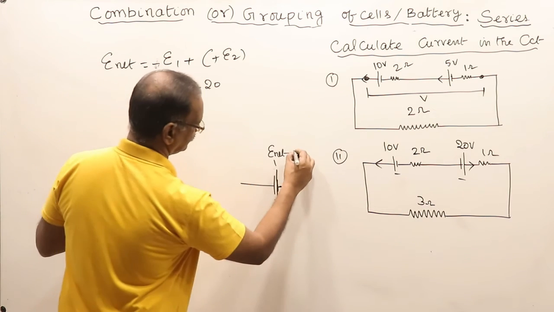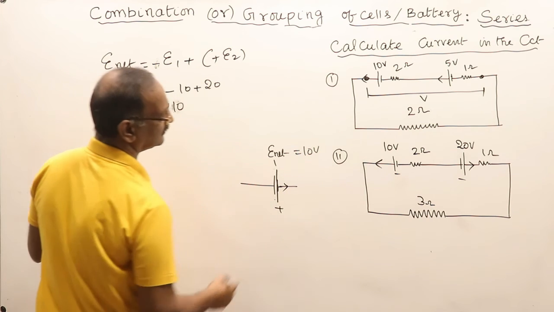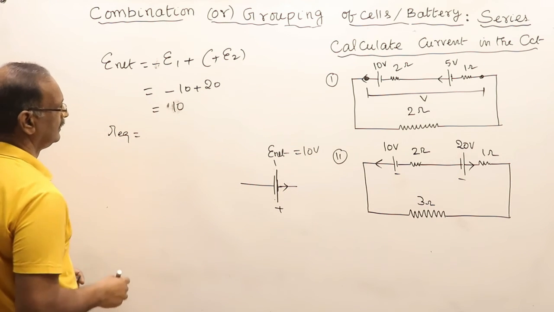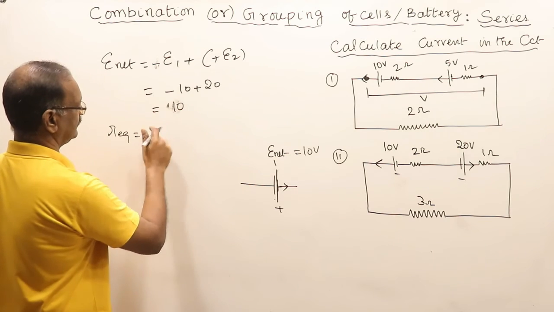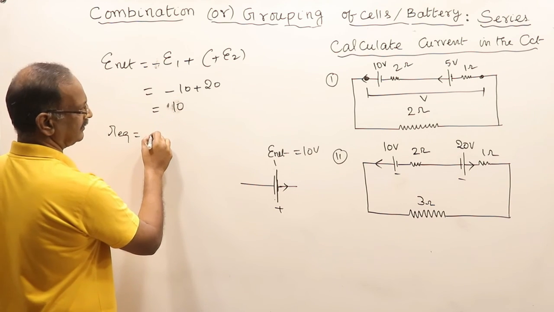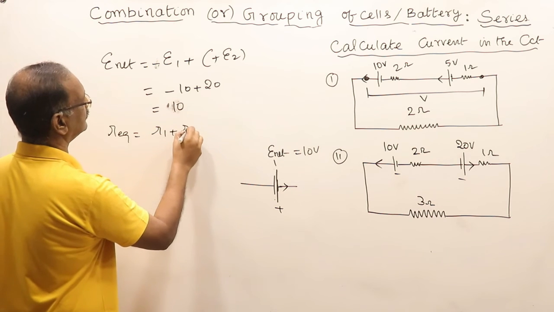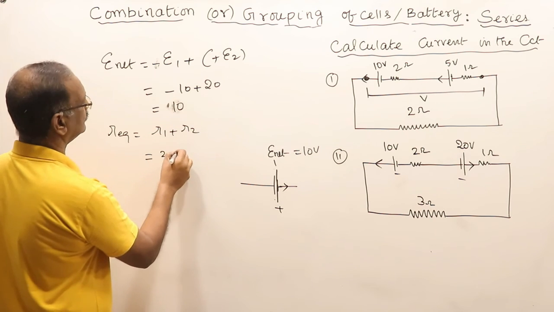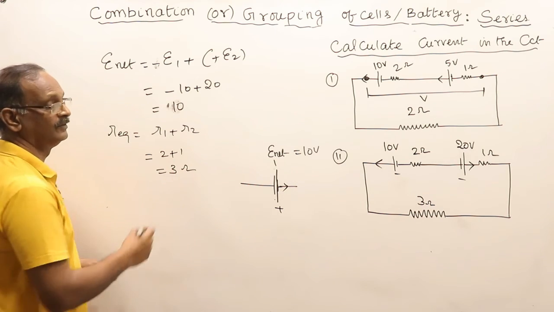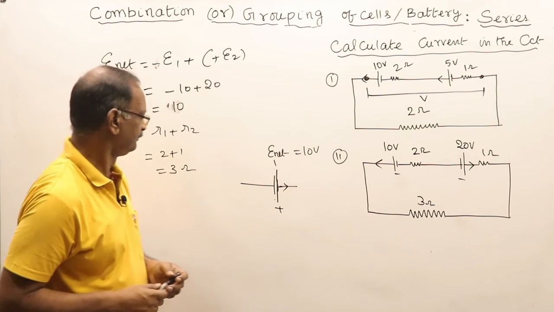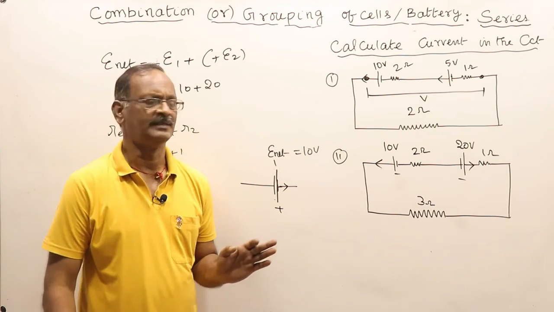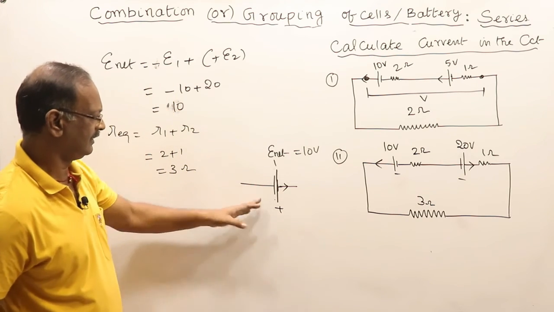This is equal to 10 volt and R equivalent is R1 plus R2, that is 2 plus 1 is equal to 3 ohm. R equivalent is equal to 3 ohm, and E net is 20 minus 10 volt, equal to 10 volt.